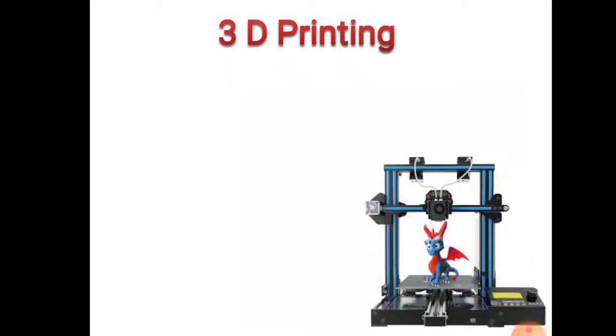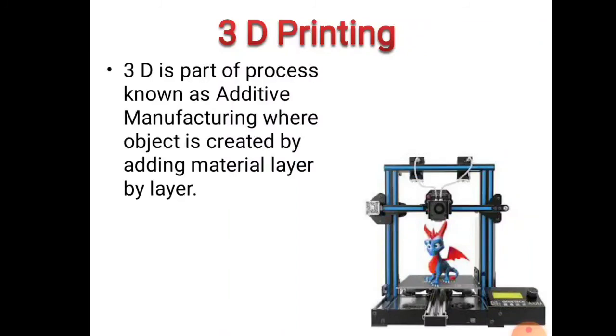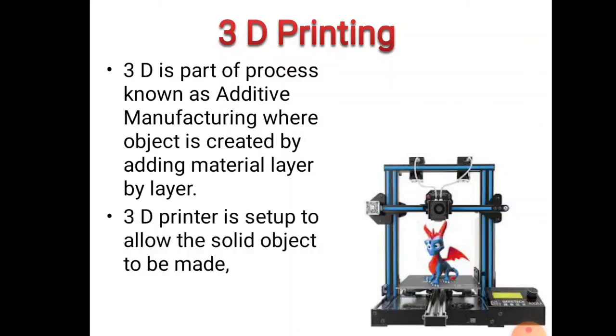How does it create it? 3D is part of a process known as additive manufacturing, where an object is created from different materials. Layer by layer it gets added, and you can see one object. A 3D printer is a setup that allows a solid object to be made.